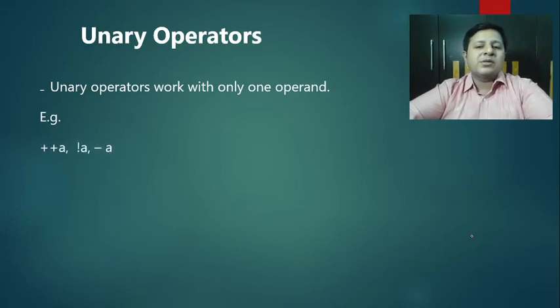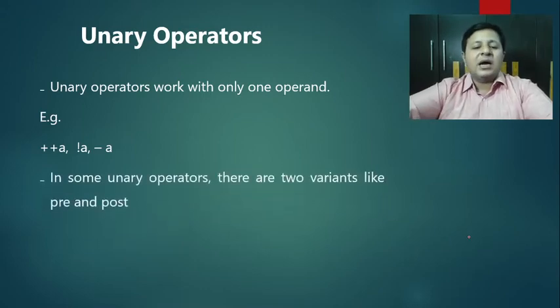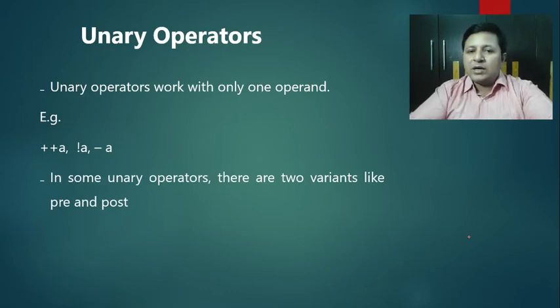Maybe these operators you will be studying, and I'll also have some of my videos devoted to some of these operators. But you can clearly see that each of the operators is currently working on one operand. In some unary operators, there are two variants like pre and post. Maybe it will be too early to talk about that, but still I have an example with me.